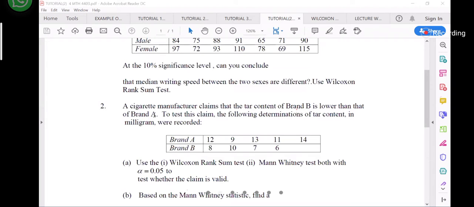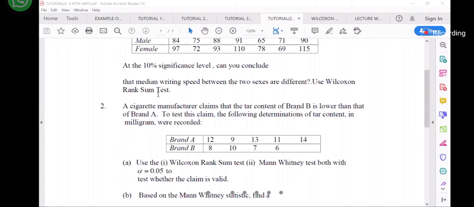Now, for this question, I want you to use the Wilcoxon rank sum test, then we need to test both. Okay.